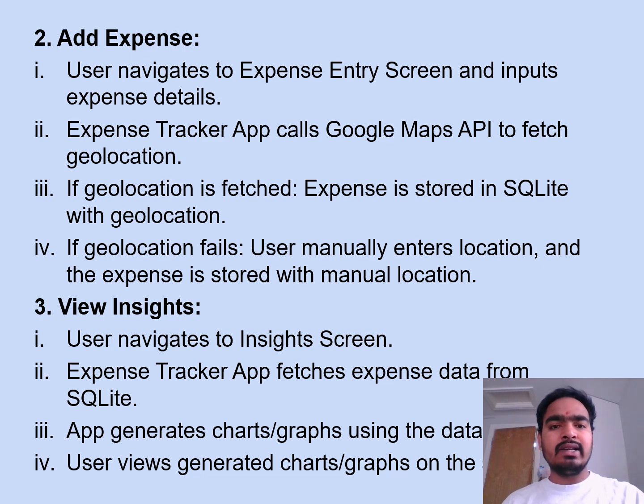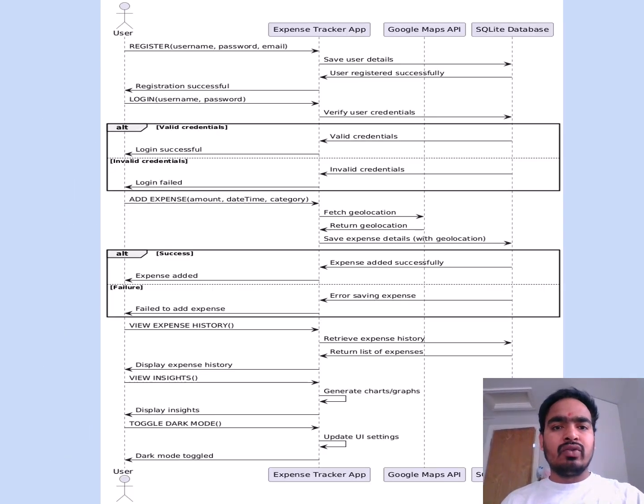View insights: the app fetches SQLite data, generates charts, and displays the visualization, highlighting seamless interaction with Google Maps API and MPAndroidChart. It visualizes the flow: register, login and expenses with geolocation success or failure, and more. Alternate scenarios ensure robustness, for example handling invalid credentials or geolocation failure, emphasizing clear system interactions.